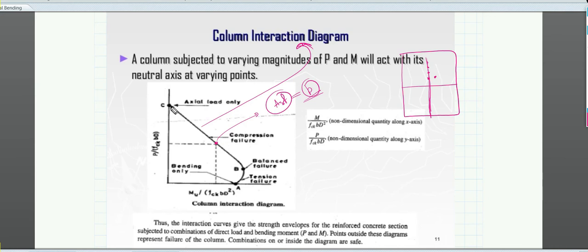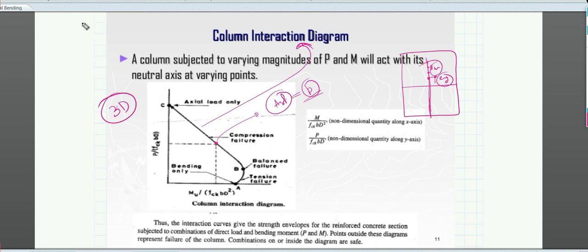In that case, we have to consider the X direction and the Y direction as well, so eccentricity in the X direction, ex, and ey, both you have to consider. In that case, this interaction diagram will be a 3D diagram.